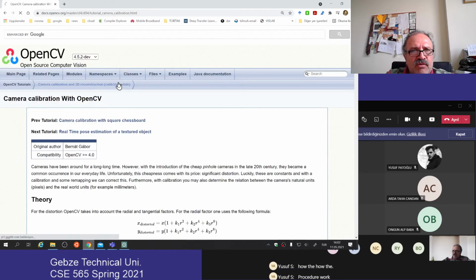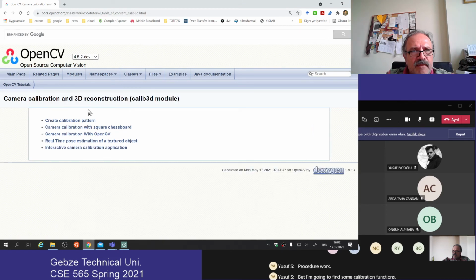But I'm going to find some calibration functions. Not good. Okay, I'm not going to look at the tutorial. Let me go to the documentation itself.